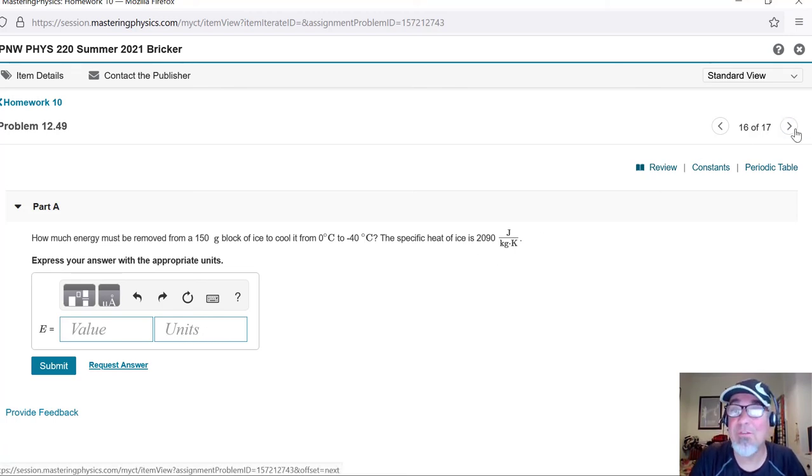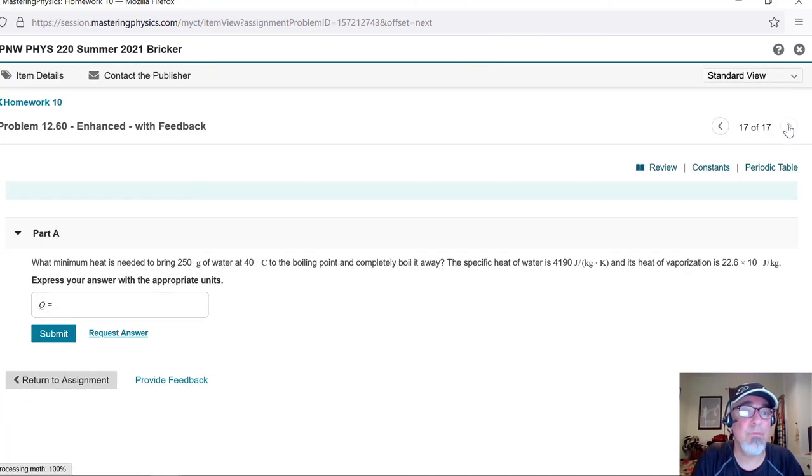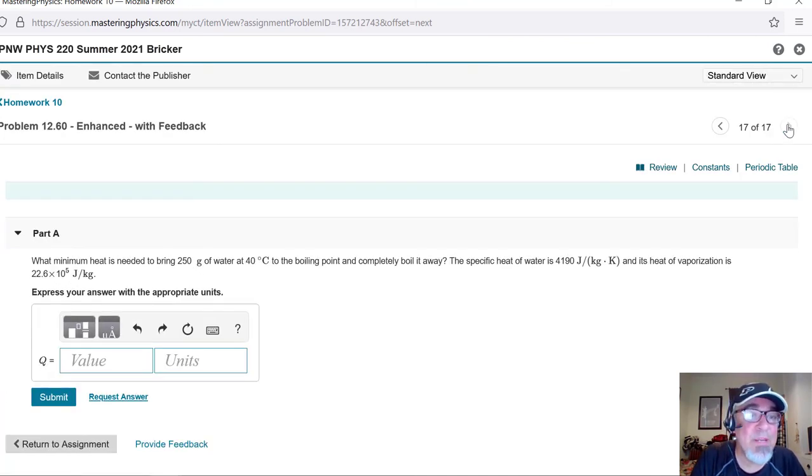All right, let's look at the final one. What minimum heat is needed to bring 250 grams of water at 40 degrees to boiling and then completely boil it away? The specific heat of water is here. The heat of vaporization is this. So there's a phase change.